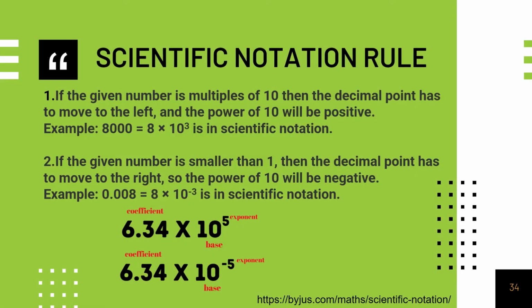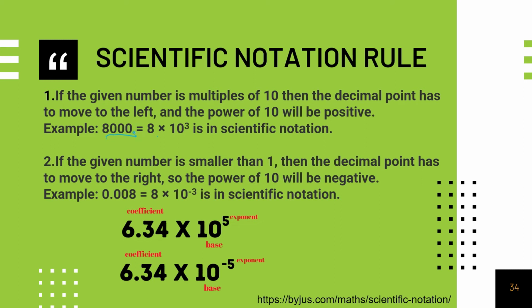Okay? So next one, how can we get a negative exponent and a positive exponent in scientific notation? So here is an example. We have 8,000. Gagawin natin siyang 8 times 10 raised to 3. So, anong mangyayari? Example lang to. Imagine ninyo na meron tayo dito na imaginary decimal point.